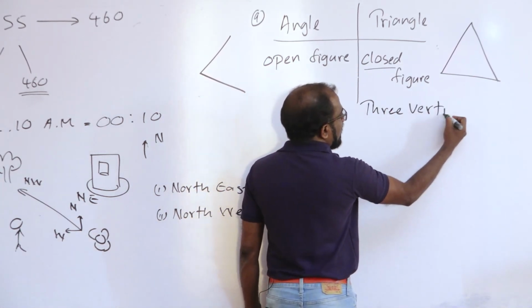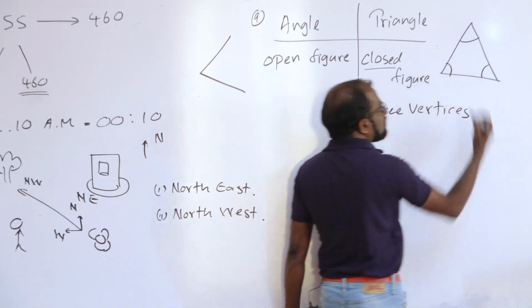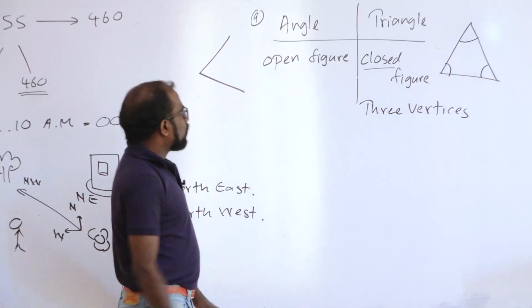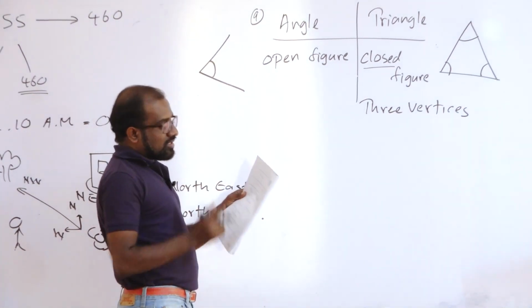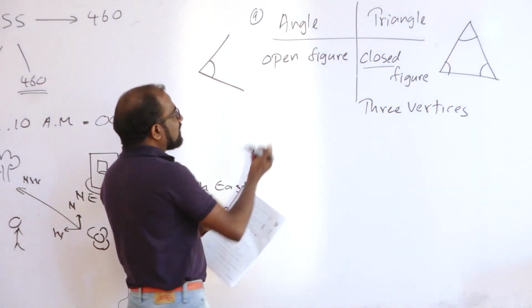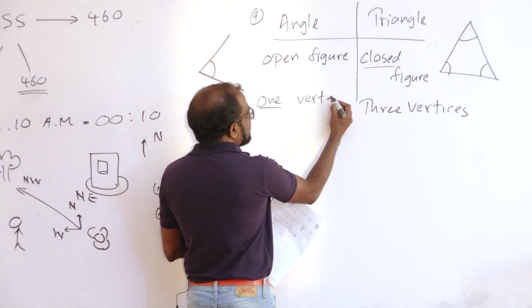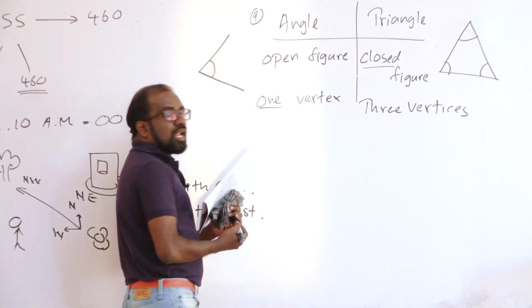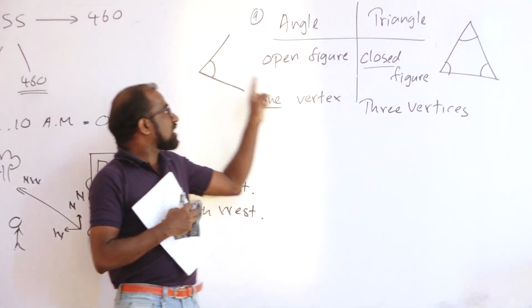A triangle has got 3 vertices, whereas an angle has got only one. That word is also given. One vertex. We taught this in the class. Singular is vertex.